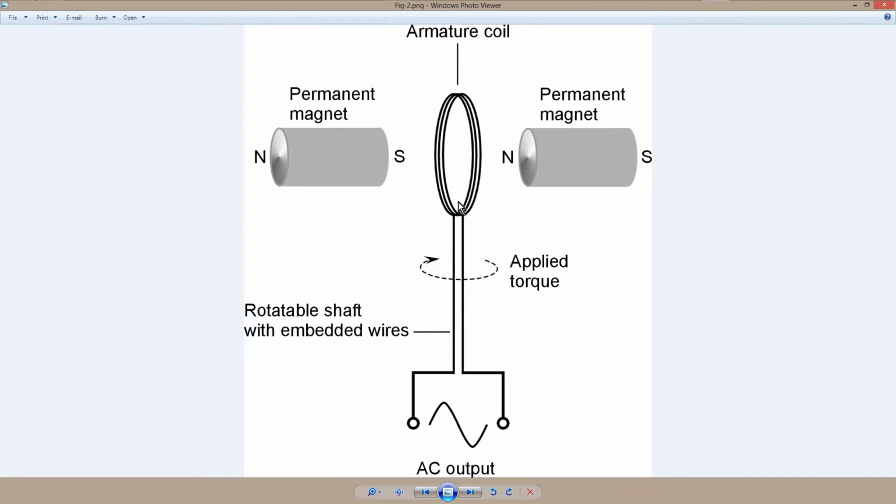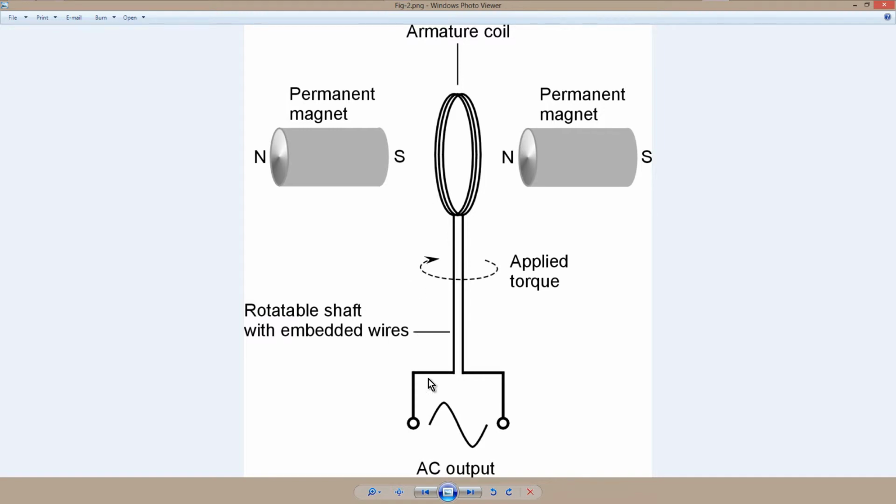The armature coil is rotated by the torque from the blades on the wind turbine, and then this actually shows the wires, not the shaft itself. The shaft might go up in the other direction here, but the idea is that when you rotate a coil like this, in this orientation between the poles of a powerful magnetic field, you get an alternating electric current in that wire, because any wire that moves in a magnetic field will develop a current in itself.